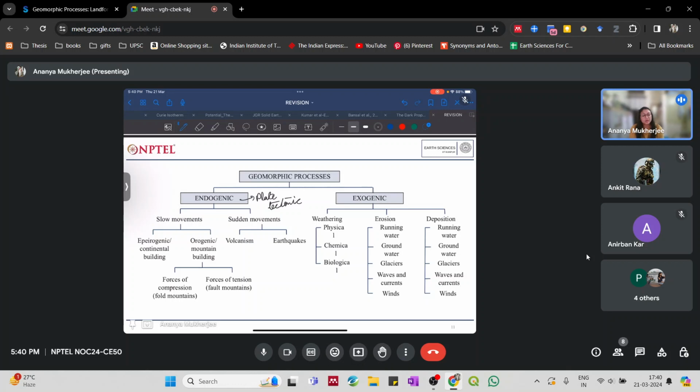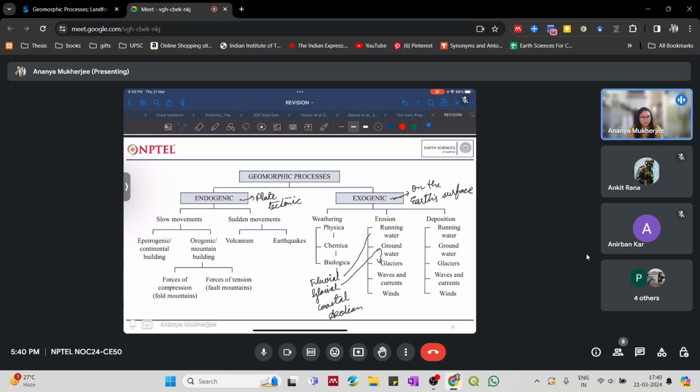Then you have exogenic processes, which are mostly on the Earth's surface, and this is where we study the different geomorphologies. You have fluvial geomorphology, which is due to running water, then glacial geomorphology, due to glaciers, coastal, and aeolian.